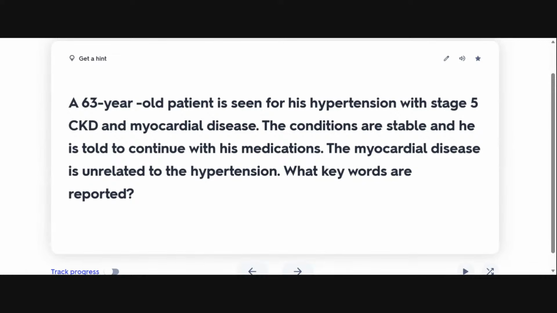So, a 63-year-old patient is seen for his hypertension with stage 5 chronic kidney disease and myocardial disease. The conditions are stable and he is told to continue with his medications. The myocardial disease is unrelated to the hypertension. So, let me know what our keywords are going to be in this scenario. Put them in the chat.